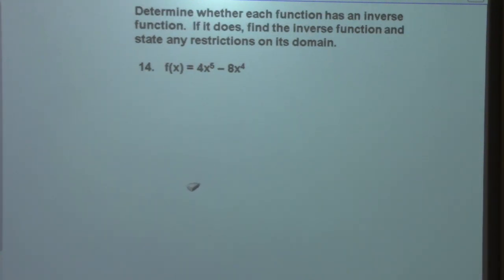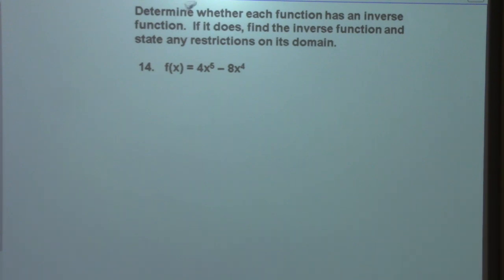Now, what about this one? Did you get pass or fail on the horizontal line test for number 14? Because I can't figure it out. I know this is going to be positive and odd, except I'm not sure about this negative x. No, it fails it.